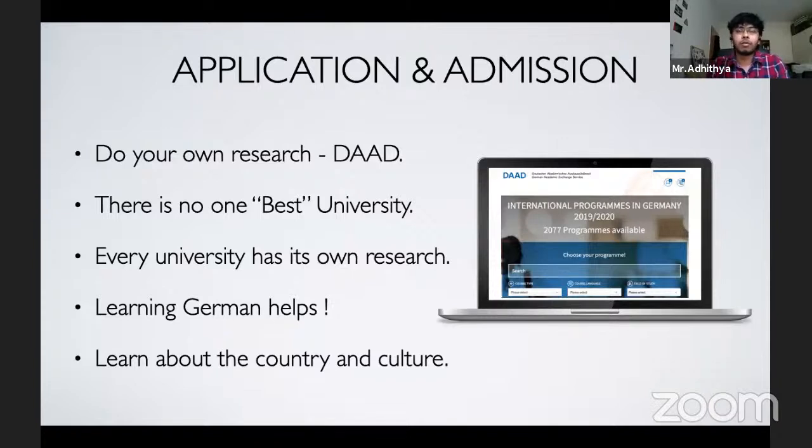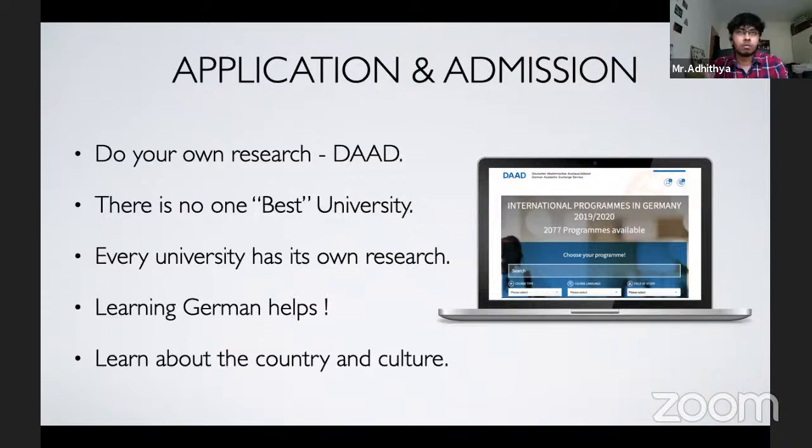But if you have a field of interest that you would really like to explore and develop your skills in, then you could simply search which university is providing that particular program, or which university is dealing with that line of research. You could go through the requirements and see how you can apply and what research group they are working in. Every university which does research is always in constant collaboration with industry partners.